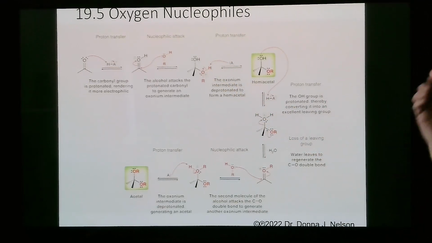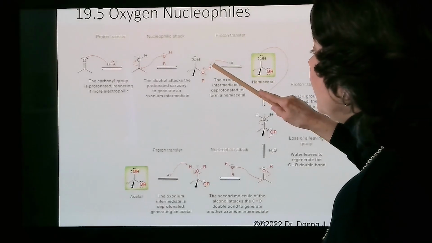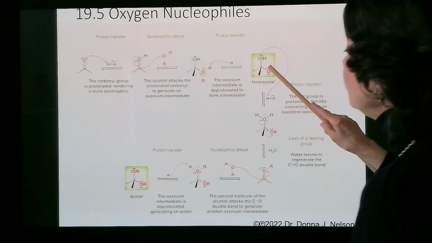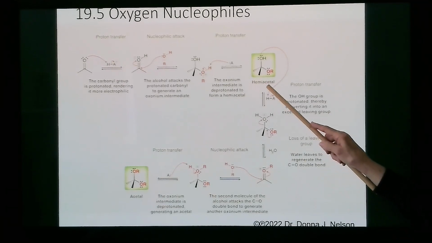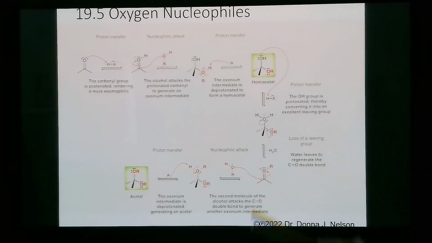Your conjugate base will pluck off the proton, the pair of electrons moves back onto oxygen, giving you the hemiacetal. Think of hemi as half: you're halfway to the acetal here.